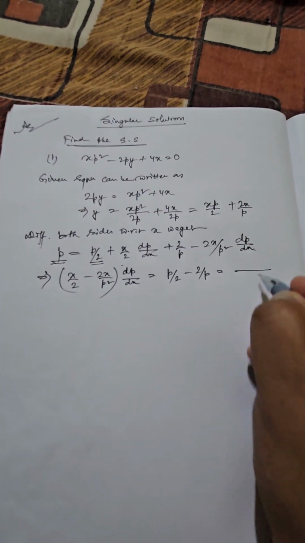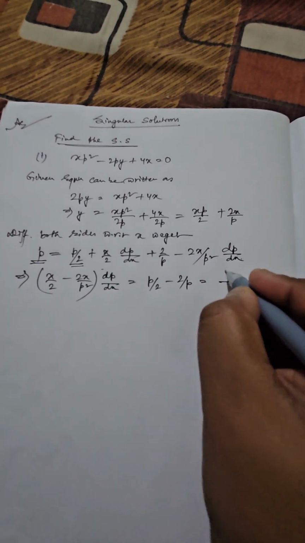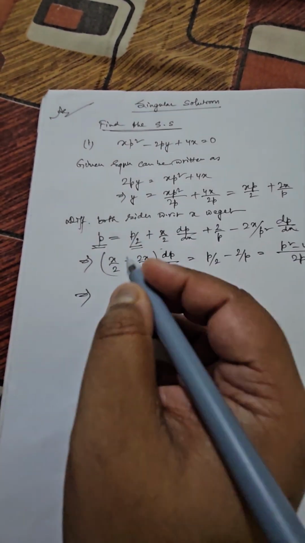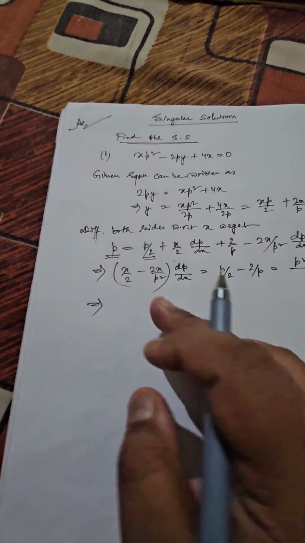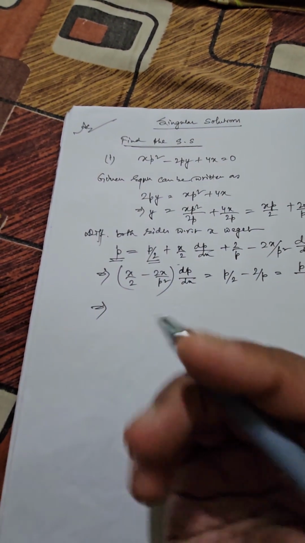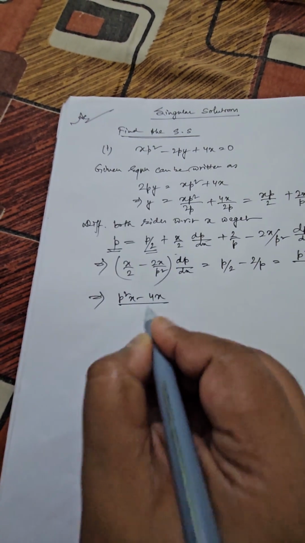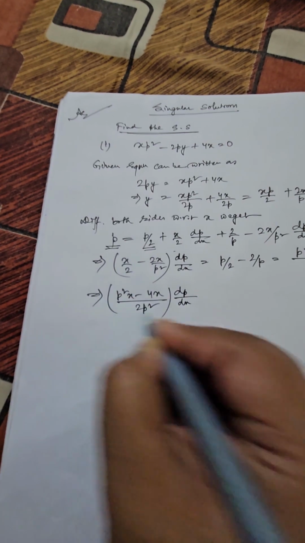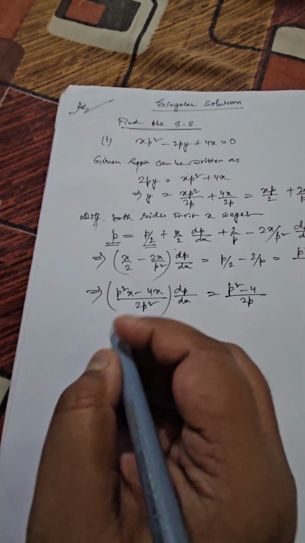This will be equivalent to, in the LCM, 2p and p square minus 4 in the numerator. So in the next line you can simplify this expression: p square x minus 4x by 2p square into dp dx equals p square minus 4 by 2p.